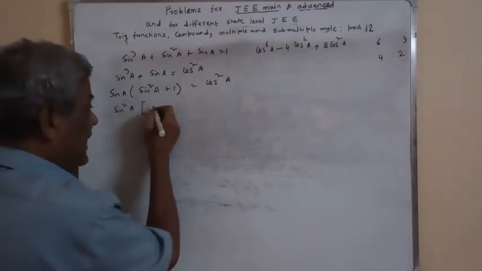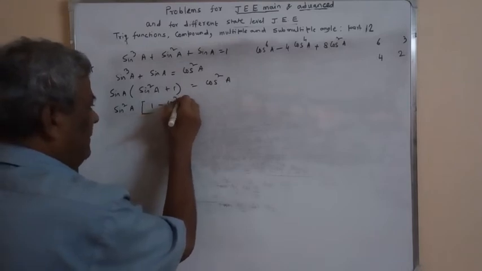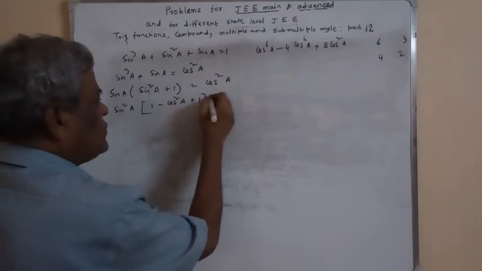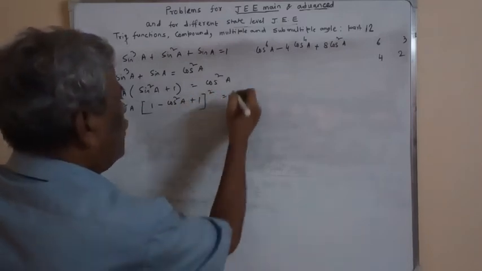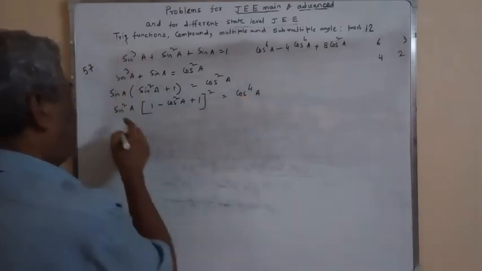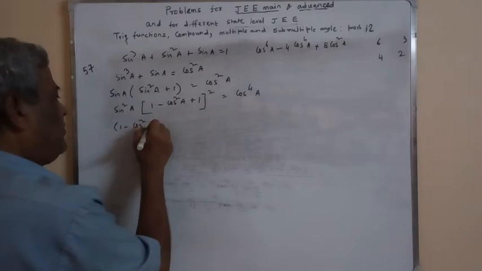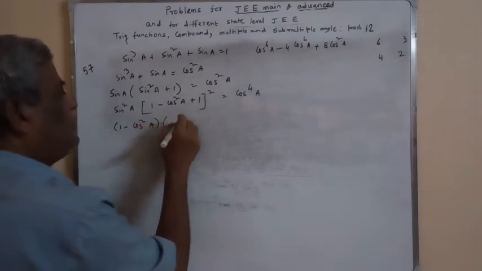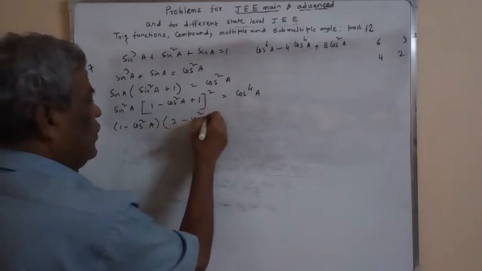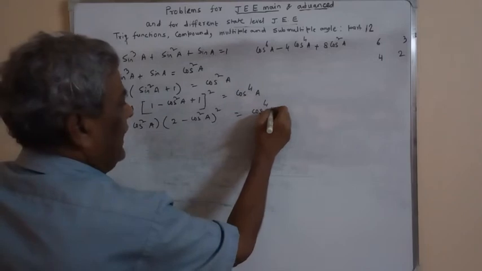Sine square A is actually 1 minus cos square A, plus 1. Its whole square is equal to cos to the power 4A. It is (1 minus cos square A) into (2 minus cos square A) whole square is equal to cos to the power 4A.